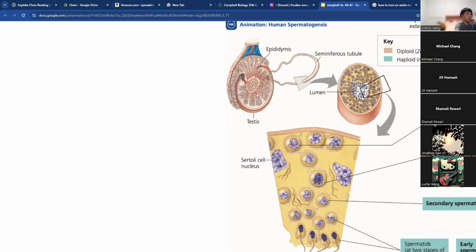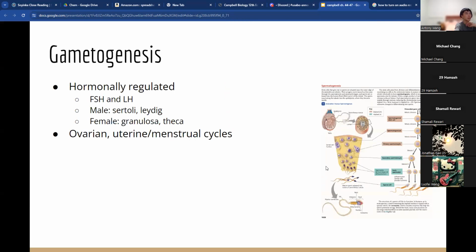On the very outside, these are basically germ cells. And there are cells called Sertoli cells, which are stimulated by FSH. Sertoli cells nourish the developing sperm.